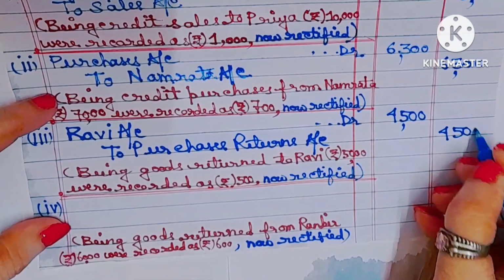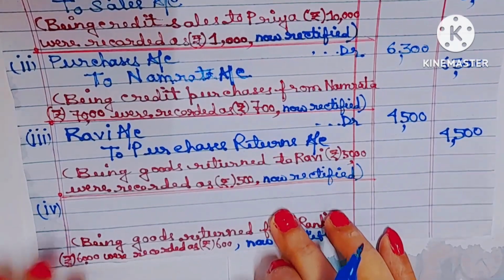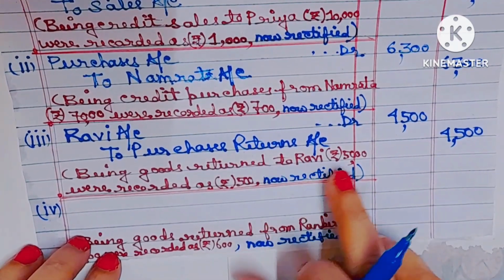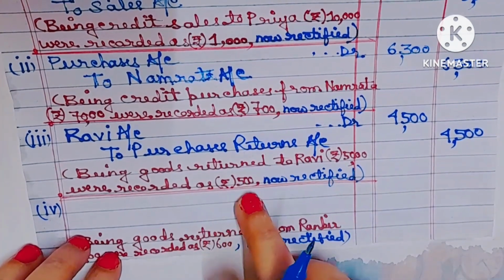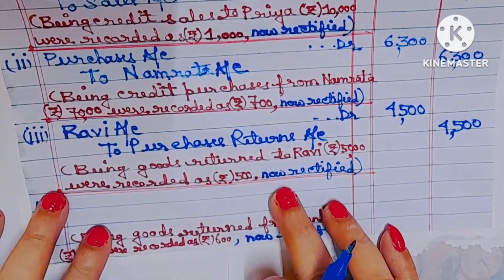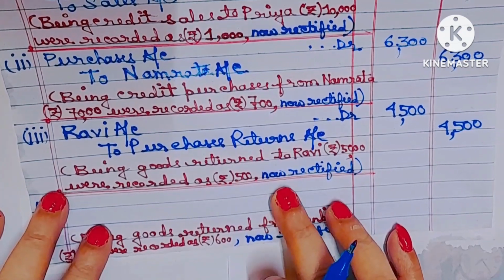Now I got to write the narration as well. Being goods returned to Ravi, rupees 5,000 were recorded as rupees 500, now rectified. Okay. Please remember to add these two important words in the end, now rectified.